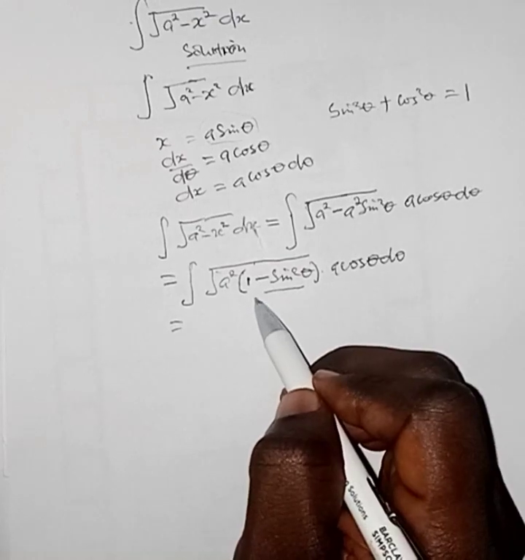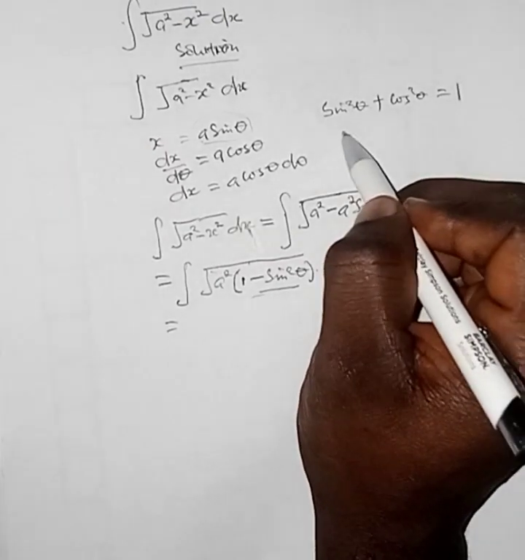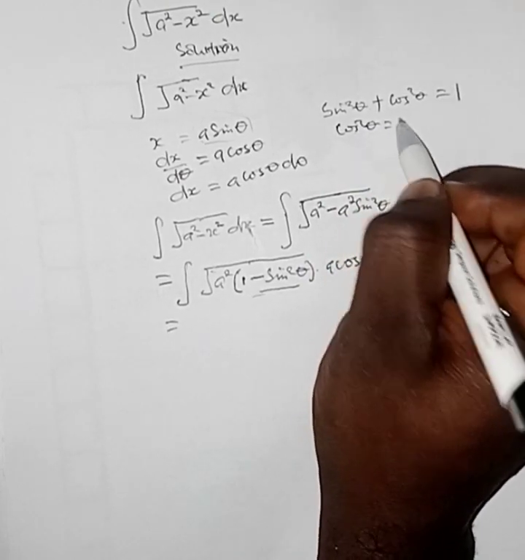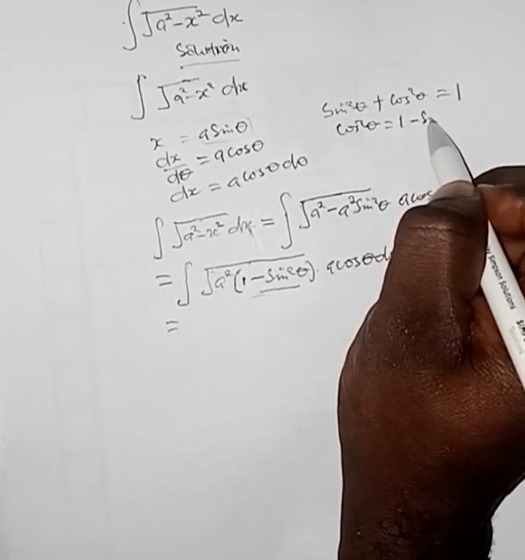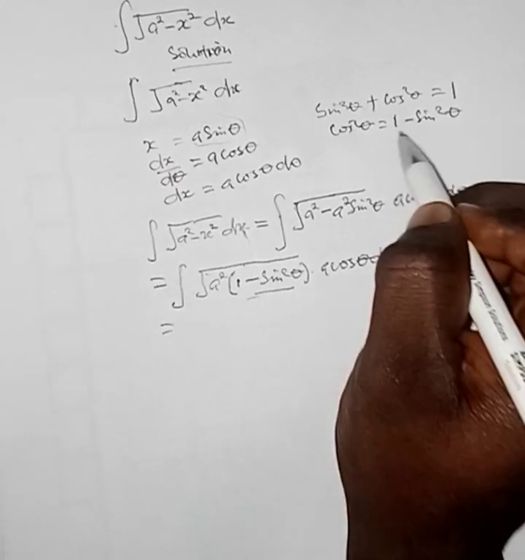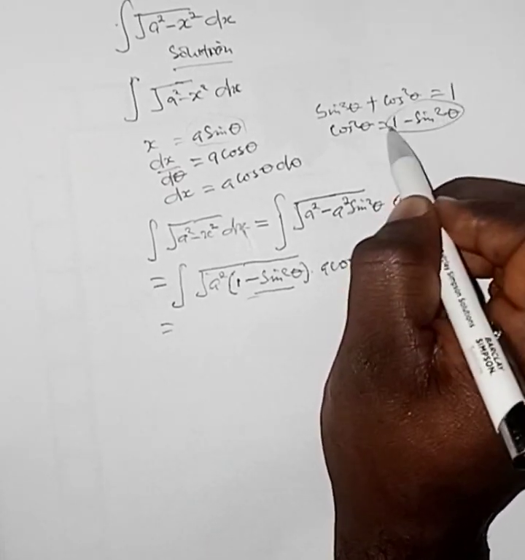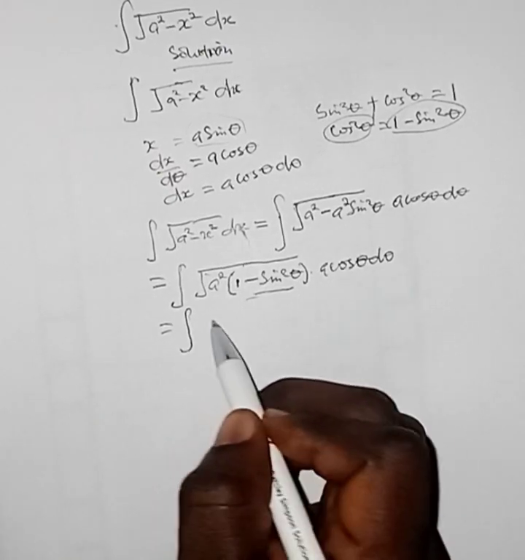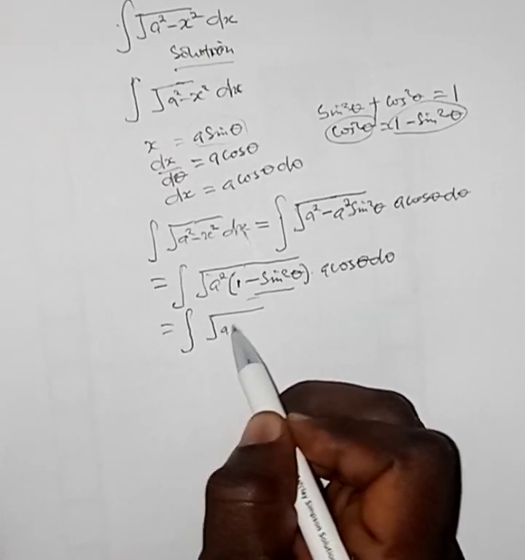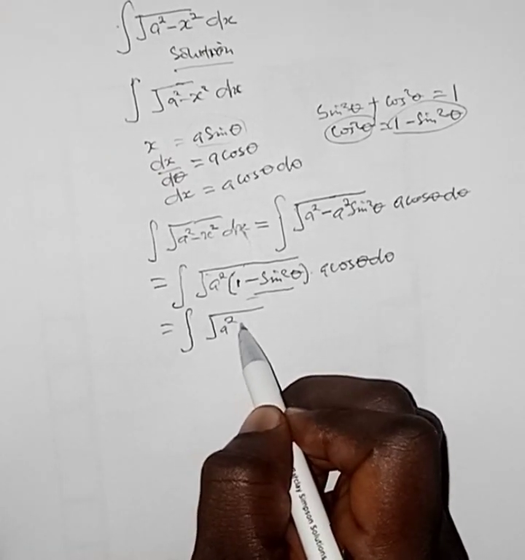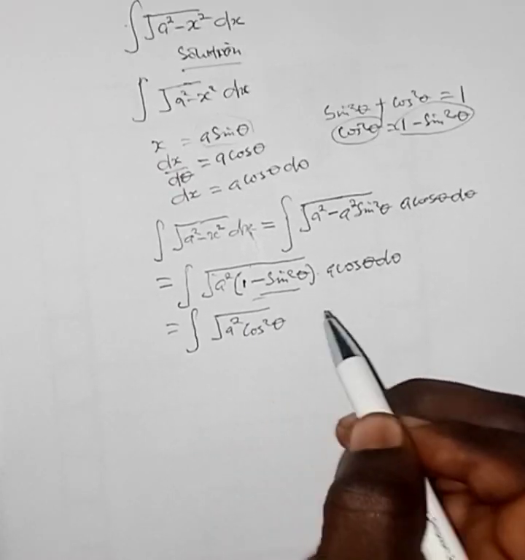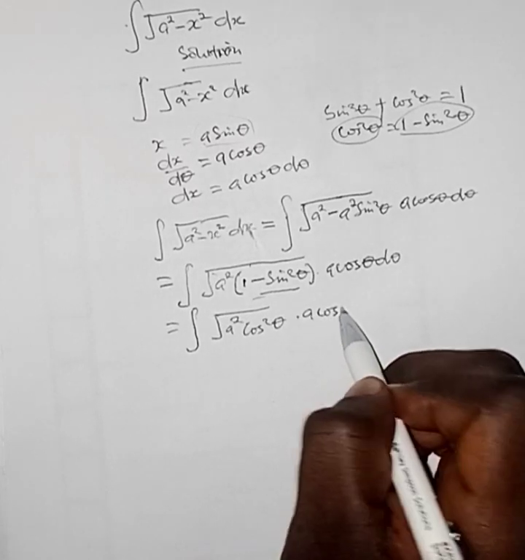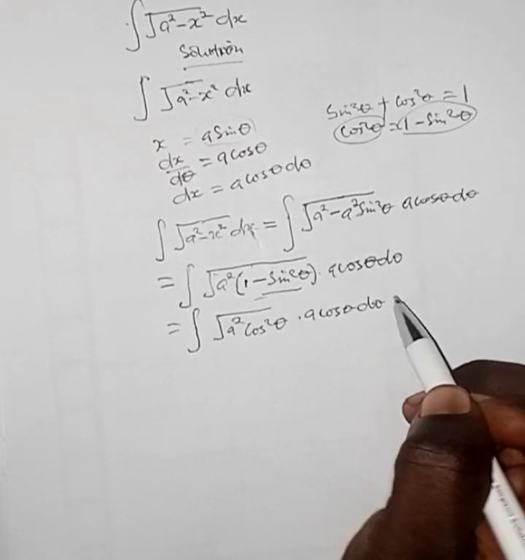So if we make this the subject, our cos squared theta is equal to 1 minus sine squared theta. We are going to replace this with this one right here. Doing that, this now becomes the integral of a squared cos squared theta, multiplying by our dx, which is a cos theta d theta.